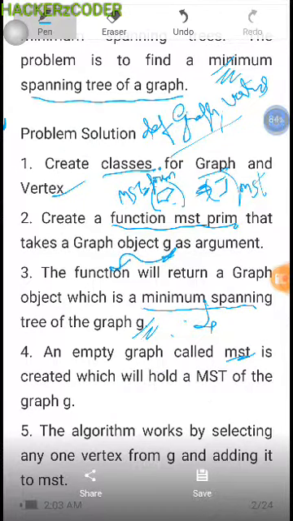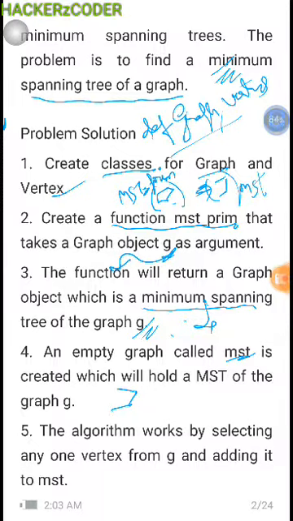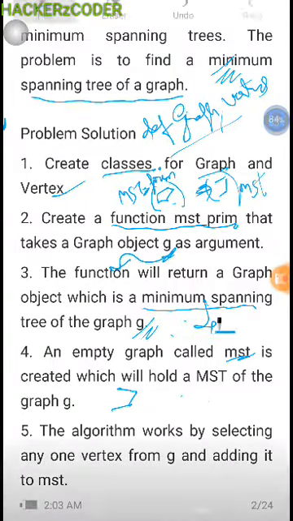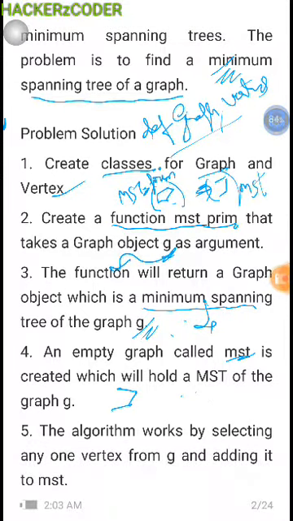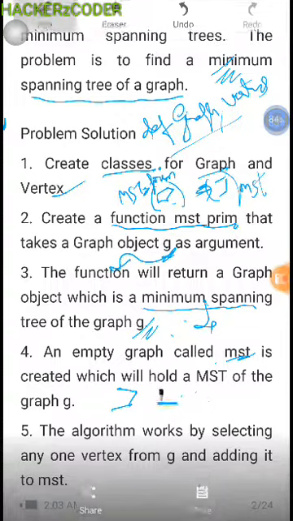So it's always step by step, 1, 2, 3, finding the minimum weight. Now this is like a temp graph for building a spanning tree. Next, the algorithm works by selecting any one vertex from G and adding it to MST.